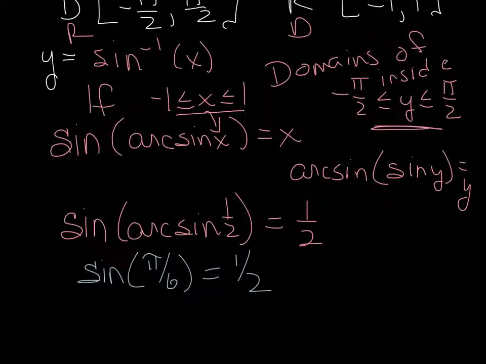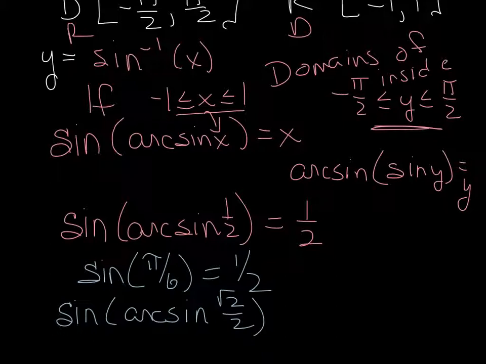So let's look at one more. Let's think about the sine of the arc sine of the square root of 2 over 2. Again, does that lie between negative 1 and 1? I think it does.